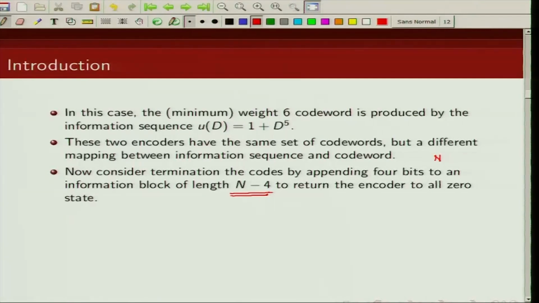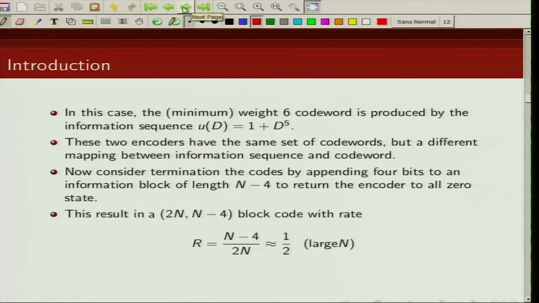So the overall code word length will be, because it's a rate half code, 2 times n. So this is an information sequence of n minus 4, plus we add 4 tail bits, that is n, and since it is a rate half code, the number of coded bits that we will get is 2n. So this will result in a (2n, n minus 4) block code. So this is roughly a rate half code if n is very large.